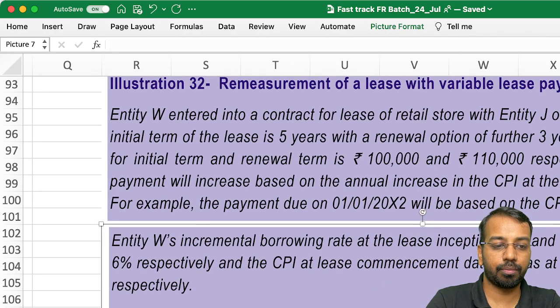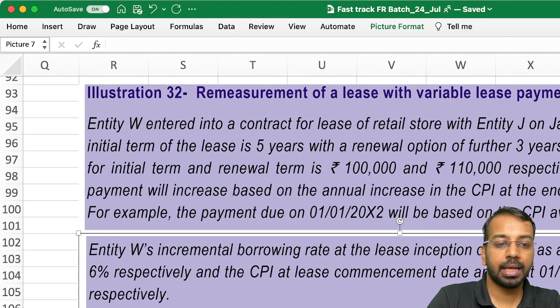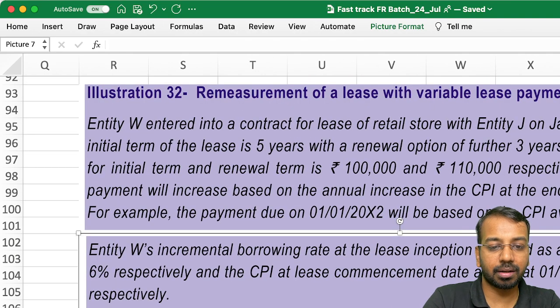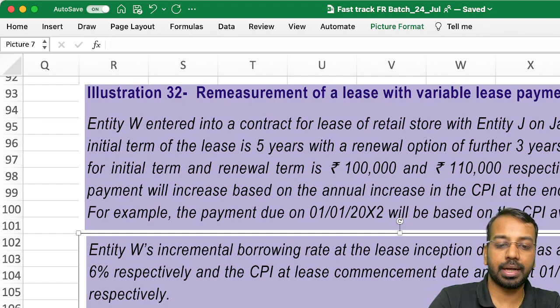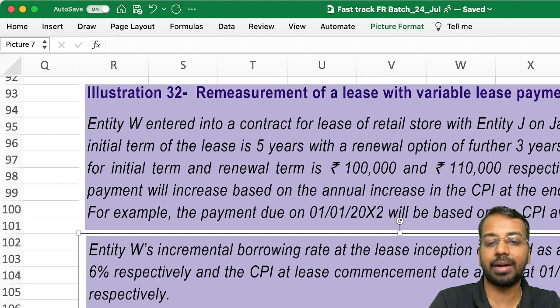So this is the question. Now first is 5 years and the incremental borrowing rate. Because the implicit rate is not given, we will use the incremental borrowing rate. At the lease inception it is 5%, and on 1st of January of year 4 it is 6%. It's not visible, sorry.